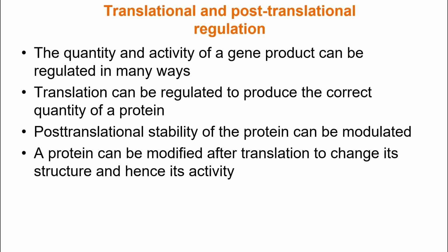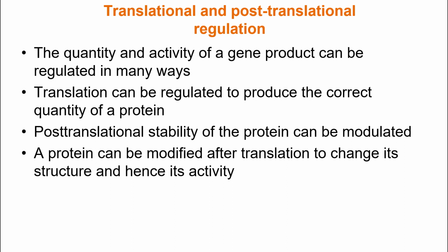So we talked about mRNA stability. What happens to the mRNA after it leaves the nucleus and enters into the cytoplasm? It gets translated, and here there's another opportunity for eukaryotic gene expression regulation, in that we can regulate the quantity and activity of a gene product by altering its translation. So we can regulate translation to maybe make it more difficult for these mRNAs to be produced.